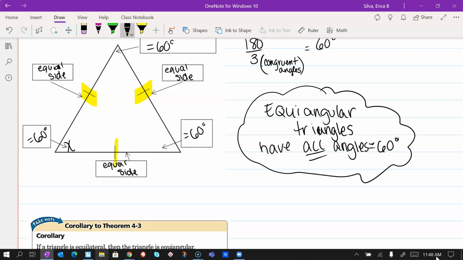So if they say this angle is x, x is equal to 60. If this angle is y, y is equal to 60. If this angle is z, z is equal to 60. Any questions?